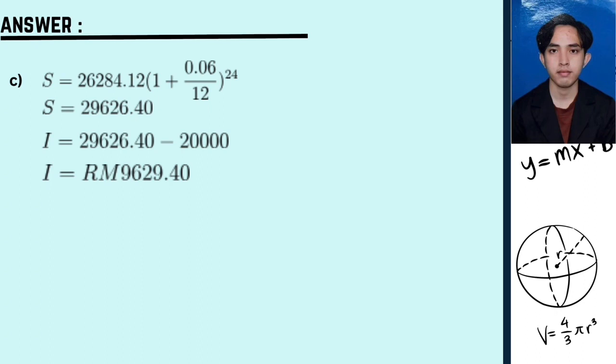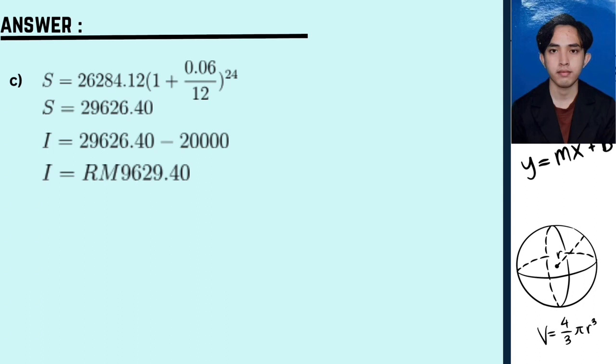So S equals 26,284.12, which is the compound amount from the bank that we chose in question B, times (1 plus 0.06, the rate given in question C, over 12), to the power of 12 times 2. So S, the compound amount, equals 29,626.40.